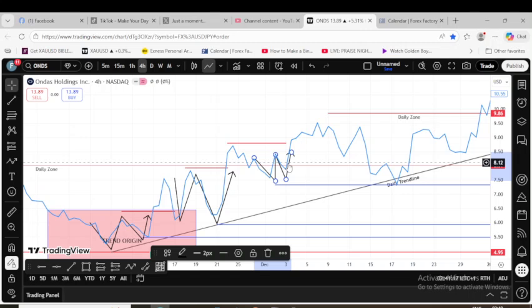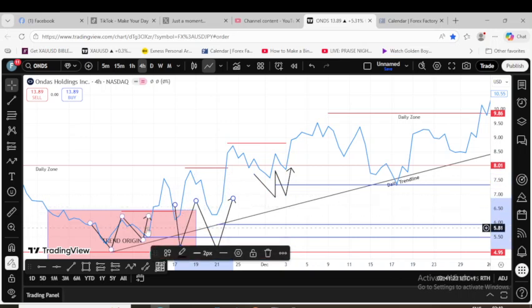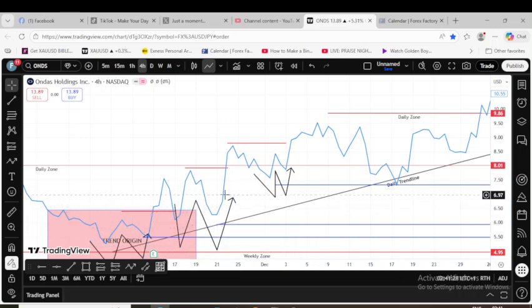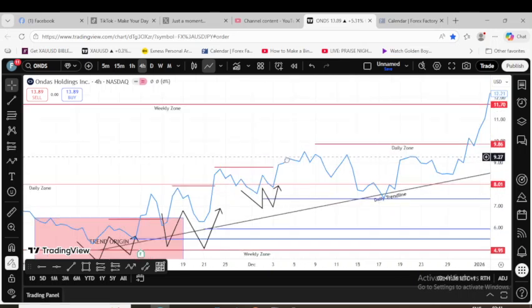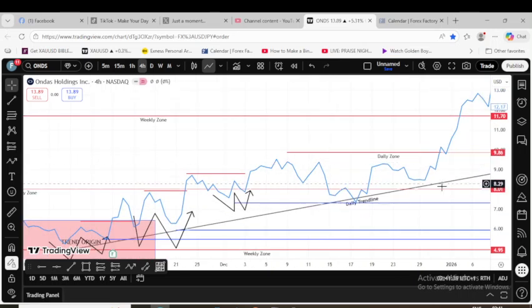The reason I'm always switching between my line chart and my candlestick chart is that line charts make it much easier to identify chart patterns. You can see a W here, a W here, a W here. You can see another one here, and another one here. But this is the real one here, a W around here.